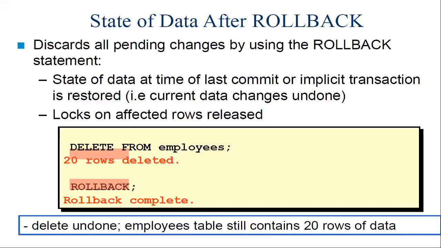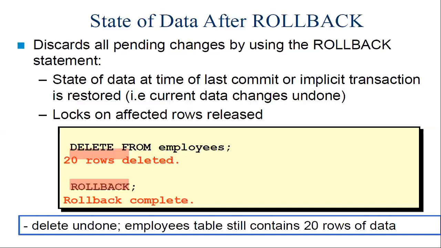We'll just see the example. The state of data at the time of the last commit or implicit transaction is restored. So if there was any previous commit, or any other implicit transaction, the data is kept up to that point, and the remaining things are discarded. The current data changes will be undone.